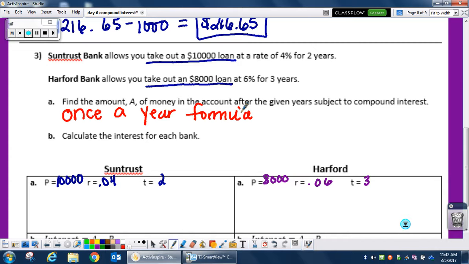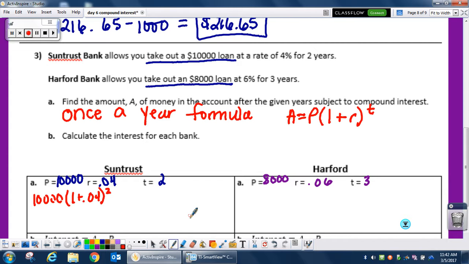Okay, so that is A equals P times 1 plus R to the T power. So over here we're going to do 10,000, 1 plus 0.04 to the second power.